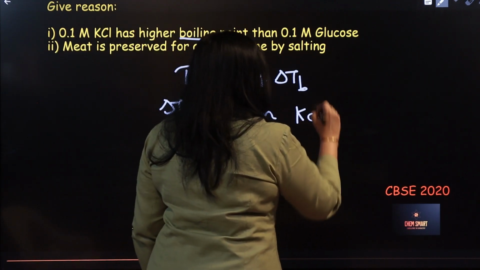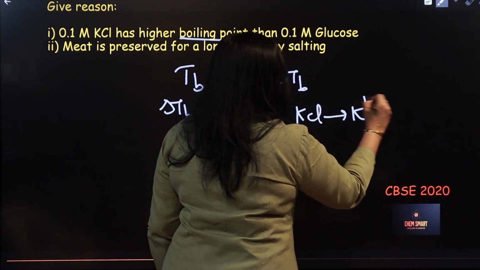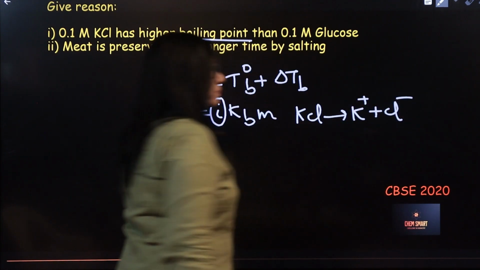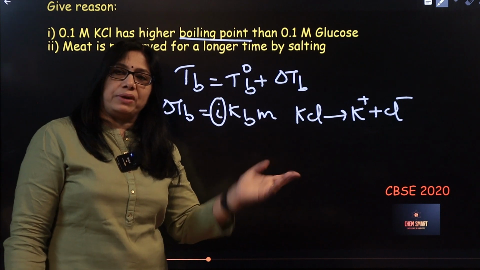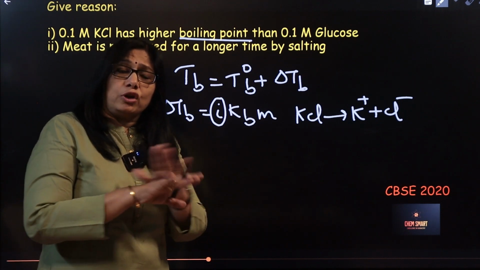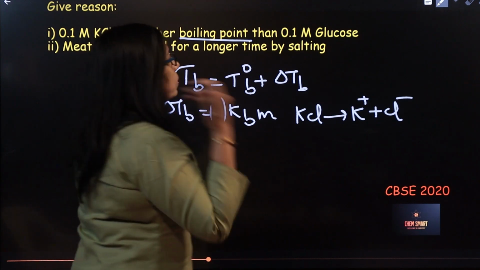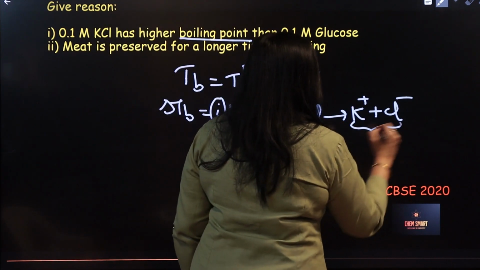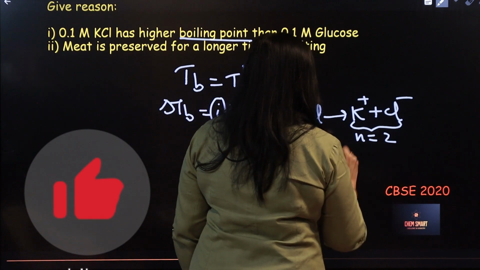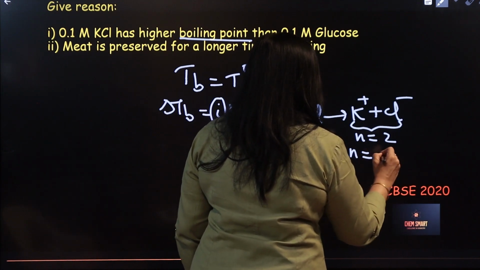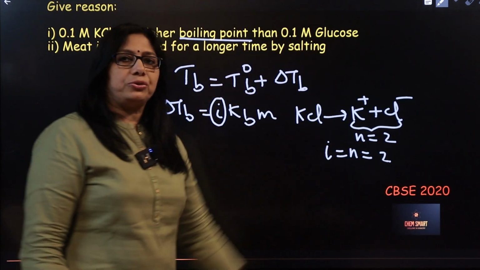If you take KCl, it will undergo dissociation to form K+ and Cl-. I have mentioned in one of the previous sessions, if not mentioned, you can assume complete dissociation. So the number of particles will be 2 after dissociation. Therefore, i will be equal to n for complete dissociation, which will be 2 here.